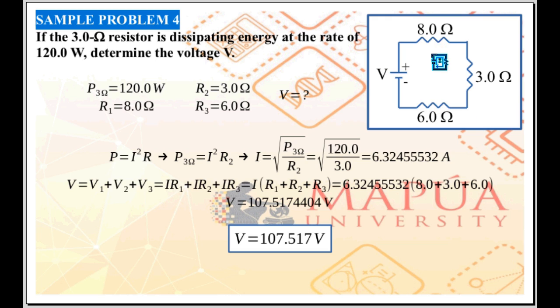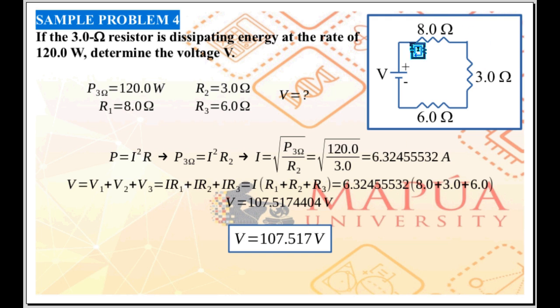So you have R1, voltage V1, R2, voltage V2, and R3, voltage V3. So V1, V2, V3. For resistors in series, the voltages will add up. V1 plus V2 plus V3. Total voltage of the resistors in series.